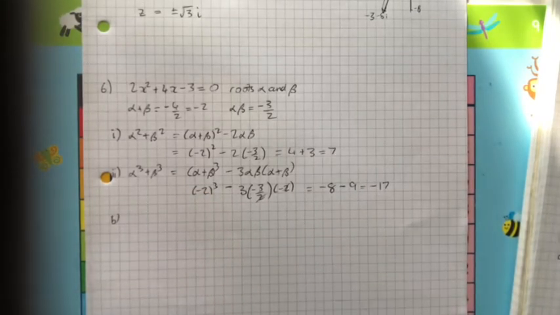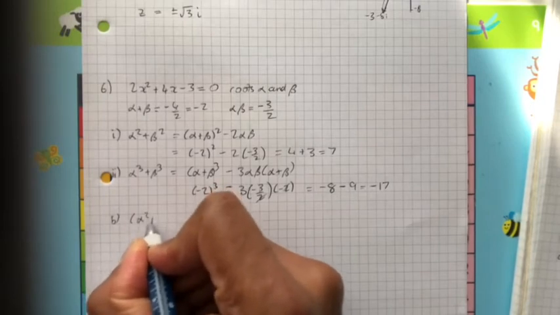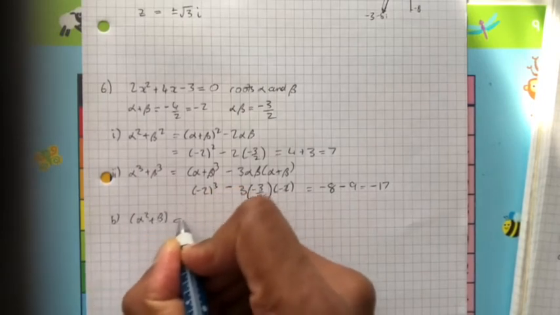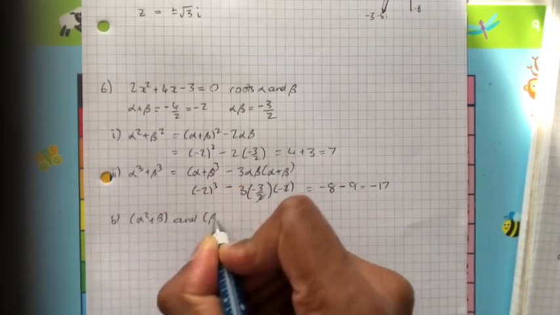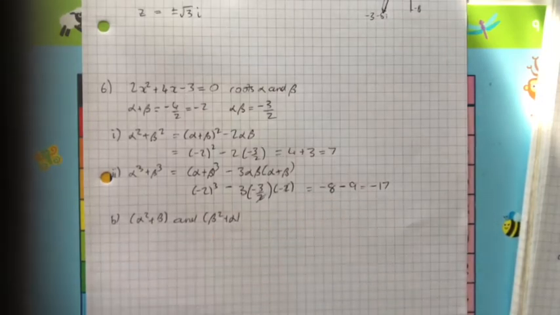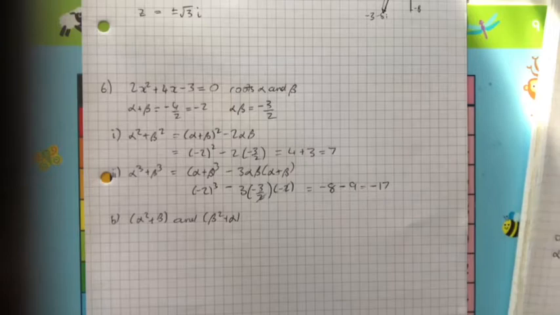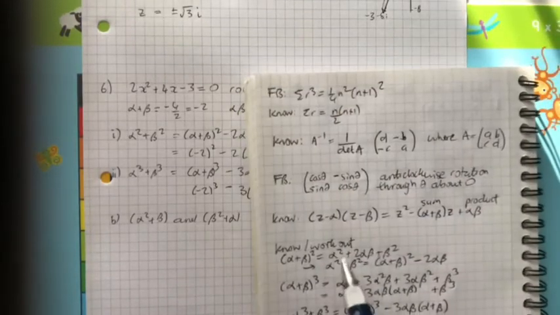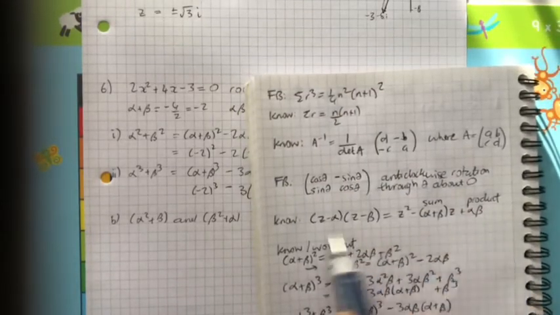Right. Part B says find a quadratic equation which has roots alpha squared plus beta and beta squared plus alpha. Now again, I'm going to go back to this form here.